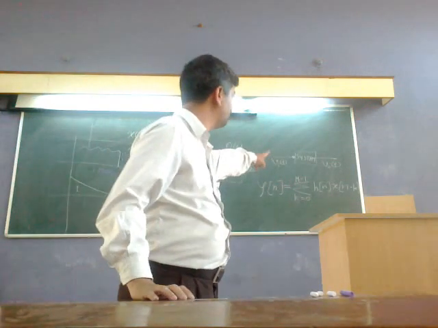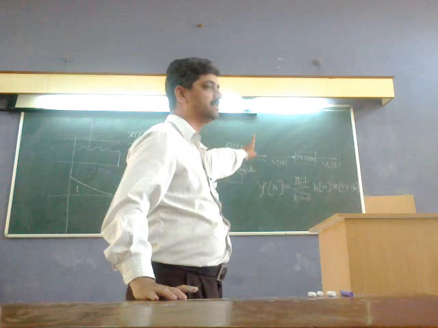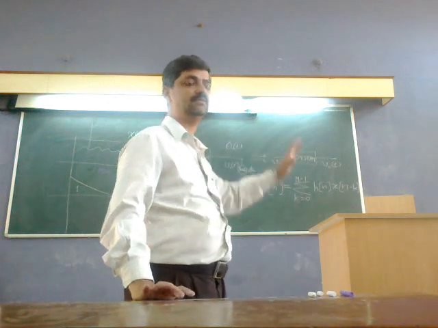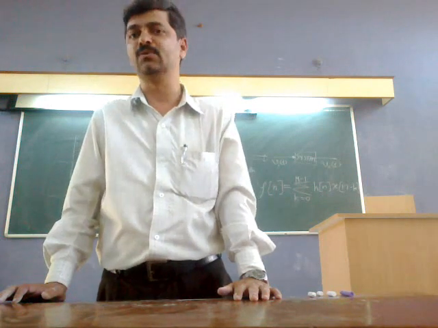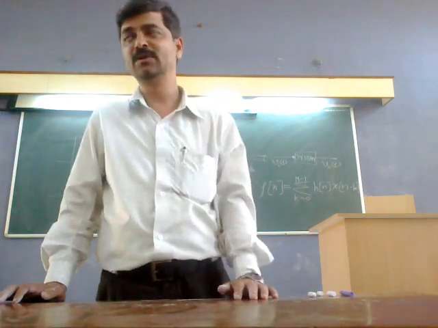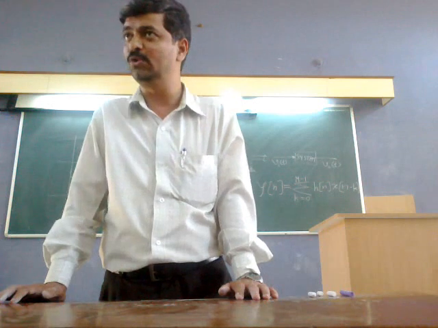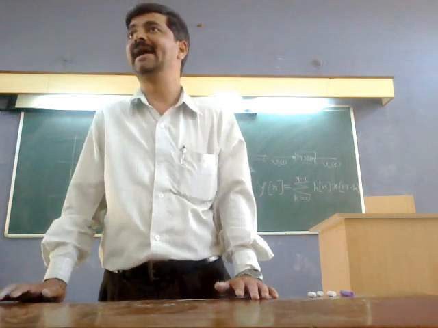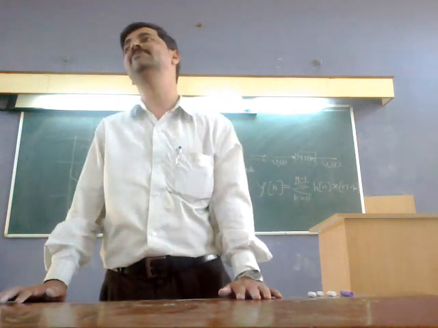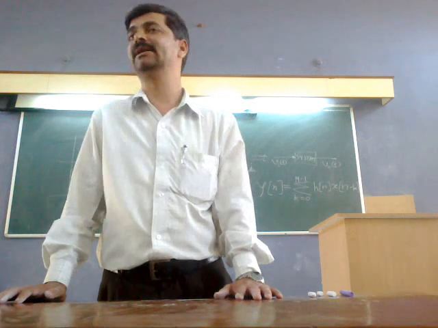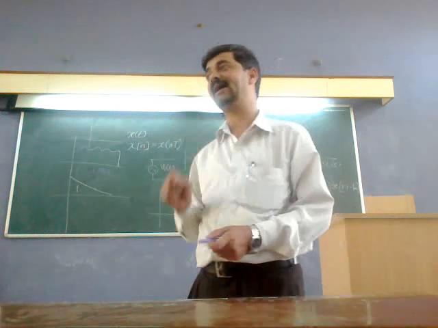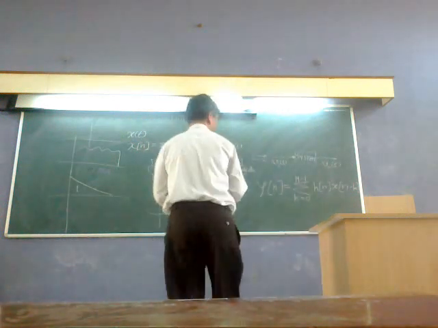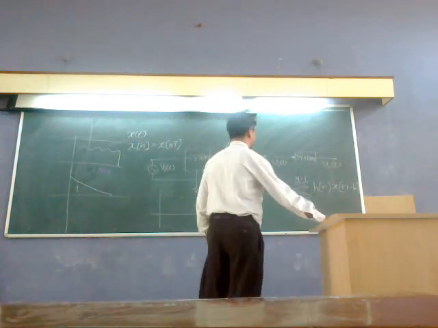I want everybody to understand this equation very appropriately. y[n] is equal to the summation of h[k] x[n minus k], where k varies from 0 to M minus 1. We try our level best to make the thing simple.